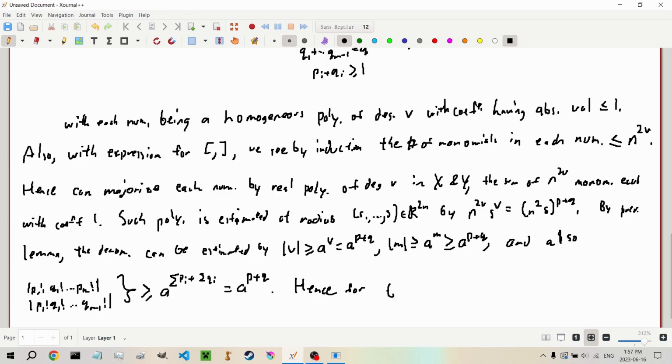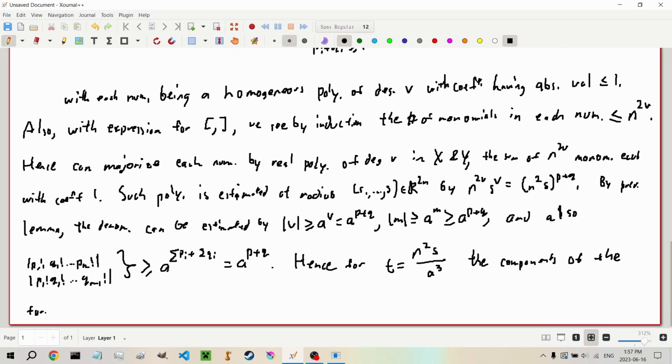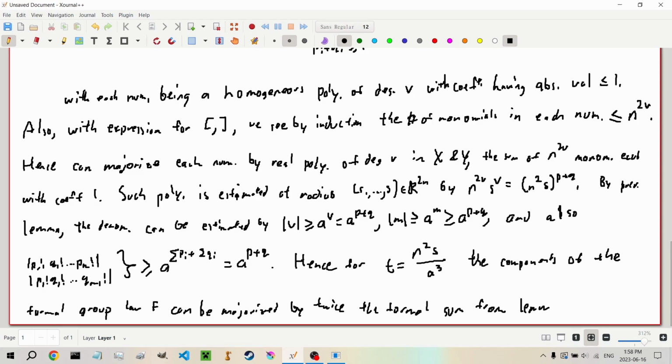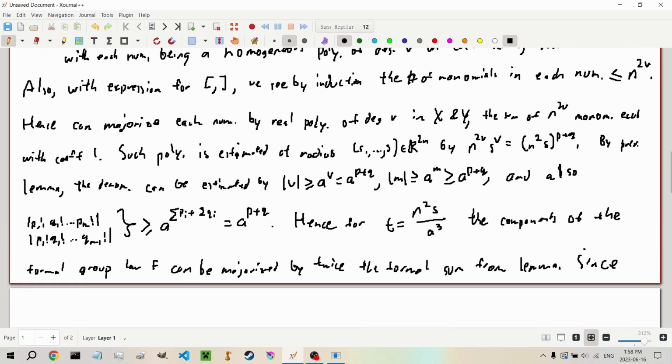Hence, for t being equal to n squared s over a cubed, the components of the formal group law f can be majorized by twice the formal sum from our third lemma we saw last time, since that we saw converges for small t.